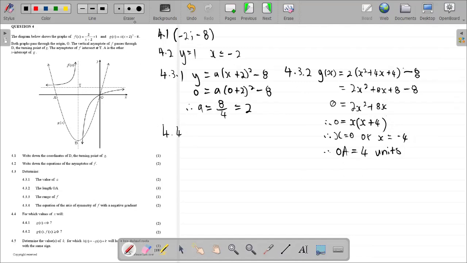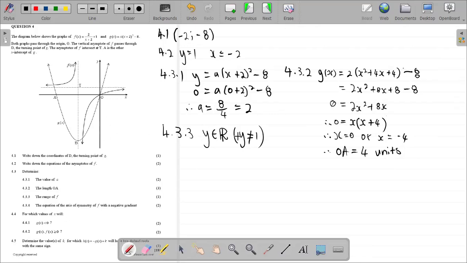And then the range of f, 4.3.3. The range of f means all the y values. It's going to be y, an element of all real numbers, except y is not equal to 1, because at 1 here there is an asymptote.